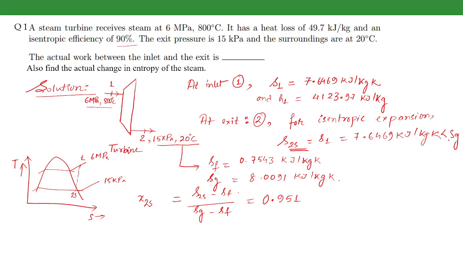We also have to find the actual change in the entropy of the steam. Now the actual work is equal to H1 minus H2 minus Q loss, where H2 corresponds to the actual exit state.